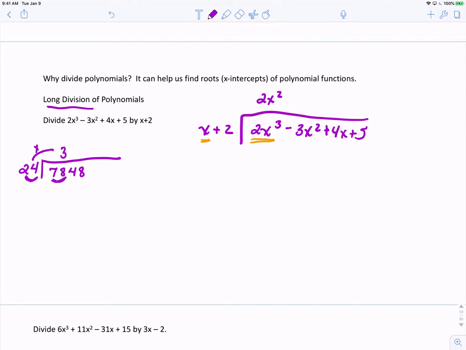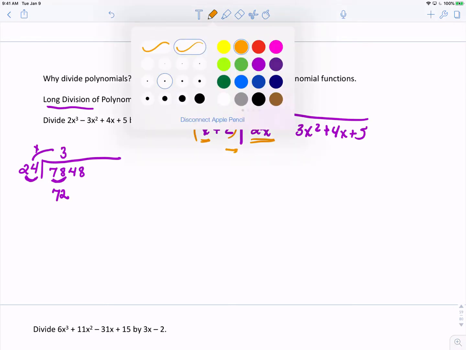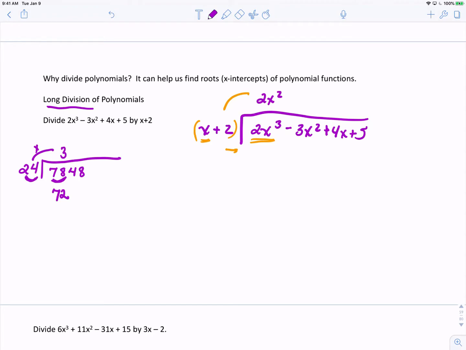So you would say 3 times 24 is 72, and you write the number down below. We are going to do exactly the same thing. We are going to multiply 2x squared and x plus 2, and we're going to write our answer down below. So we would say 2x squared times x is 2x cubed, and 2x squared times 2 is a positive 4x squared. These two processes are exactly the same.